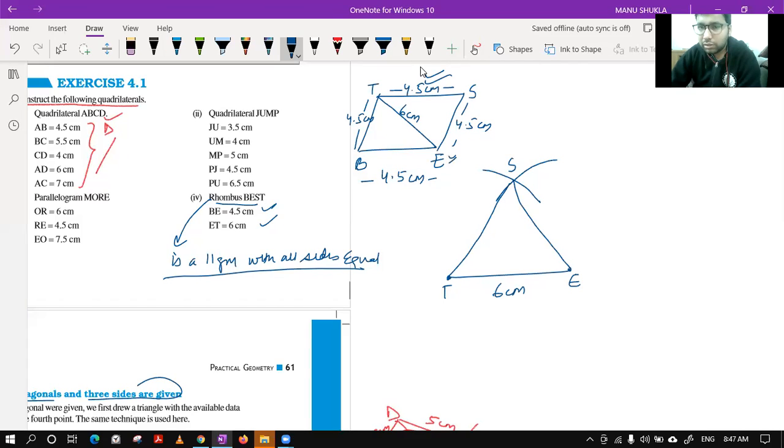Similarly, you will take an arc of 4.5 on the lower part and an arc of 4.5 from the other point, and you will get the last vertex. Sorry, E is there already, B. So this way you will get your rhombus easily. Is it fine, Ananya?